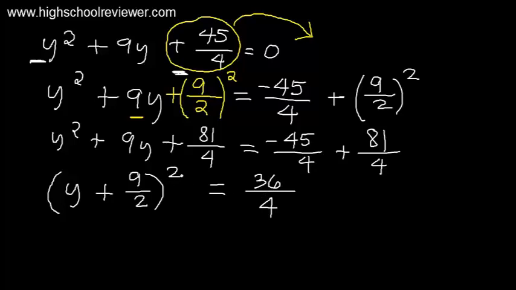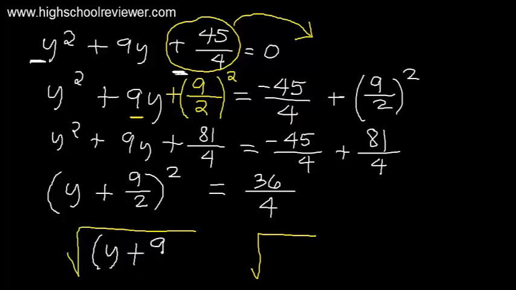Now to remove the square sign here, we need to get the square root of both sides of the equation. So we will have here the square root of and the square root of. On the left side we will have the square root of the quantity y plus 9 over 2 raised to the power of 2. And we will have here the square root of 36 all over 4.